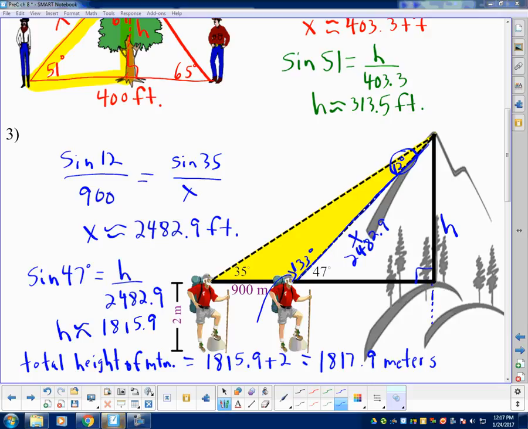Yeah, these should be meters all the way through, so this should not have been feet. These are meters all the way through. So just to remind, it's a two-stage process, again, kind of like the previous problem. Just remember to add that 2 meters to it for the height of the tool that you're using to get your degree measured.